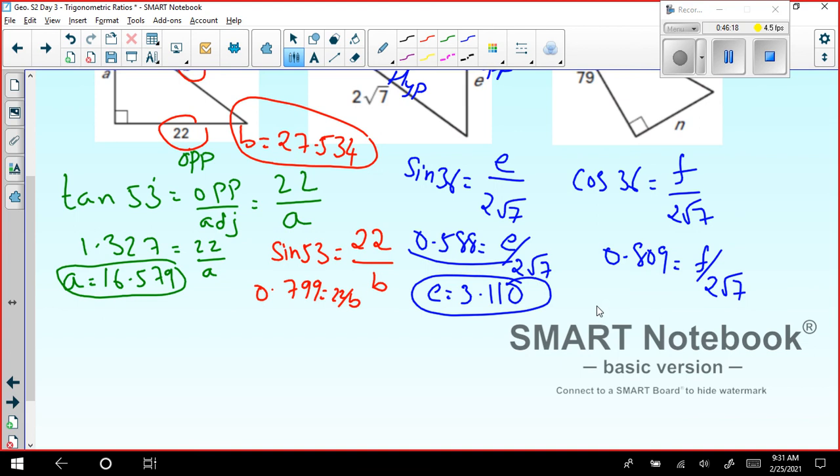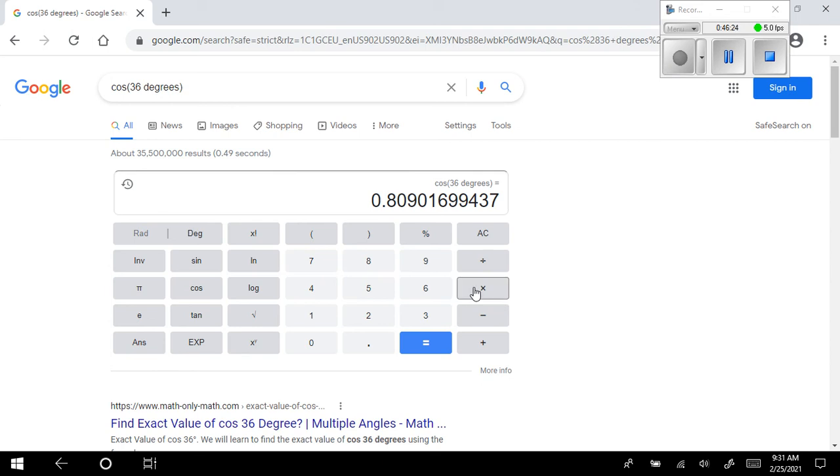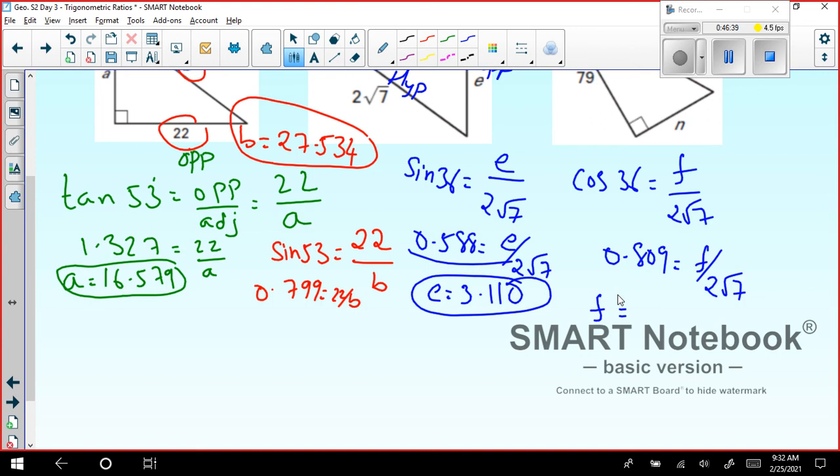Okay, cross multiply further to get F equals 0.809 times 2 root 7. Let's use the calculator to multiply that by 2 root 7, which gives us 4.281. So I'll have F equals 4.281.